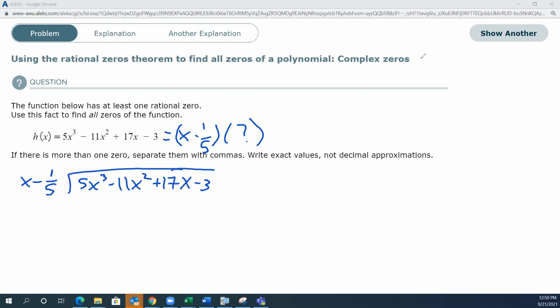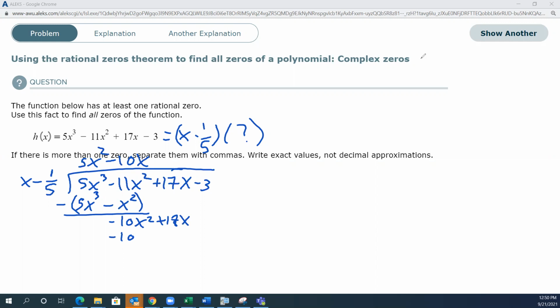All right, so I'll multiply by 5x squared and I get 5x cubed minus x squared. Oh, that's convenient. Subtract, and we get minus 10x squared. Bring down the 17x. And I'll multiply by minus 10x makes a difference.